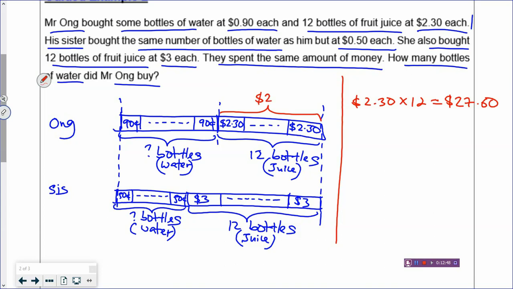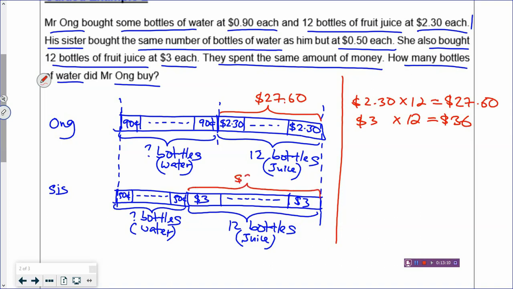So let's put it inside. And how much did the sister spend on 12 bottles of fruit juice? That will be $3 times 12 as well, and the sister spent $36 on the fruit juice.